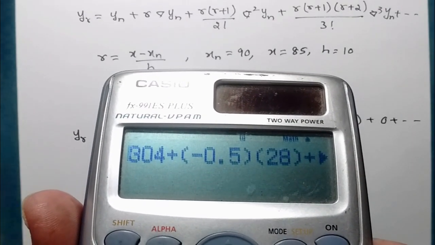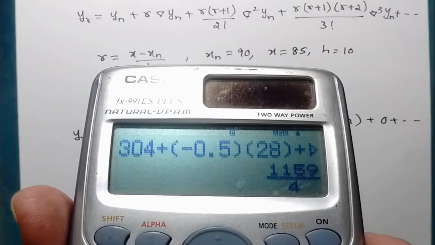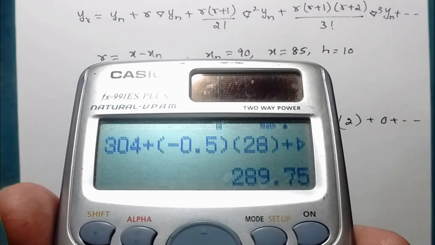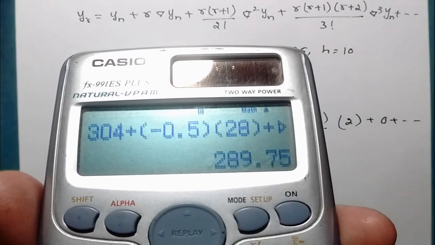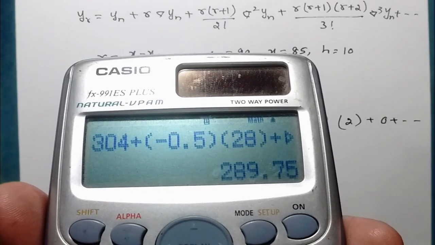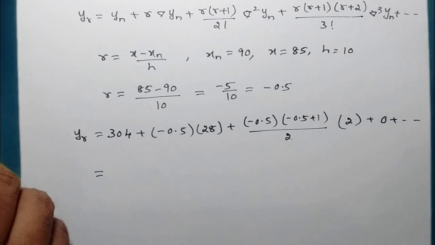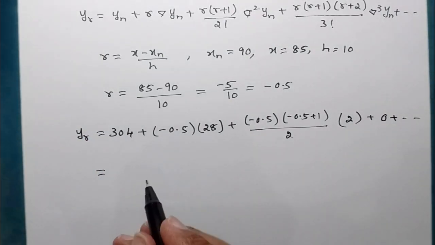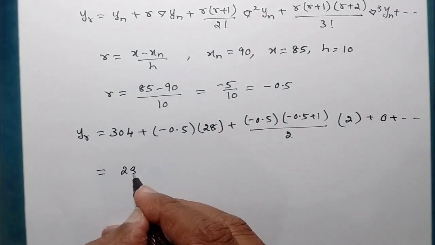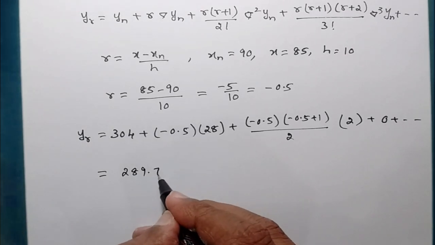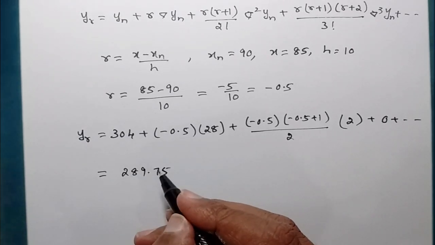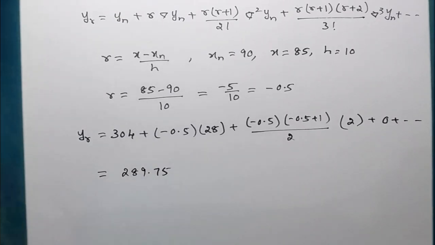Just check it. If you put the equals to sign, you'll get it in terms of a fraction, or if I write it in decimal, just check it, it is 289.75. So that will be the solution. 289.75. That will be the required solution that we have.